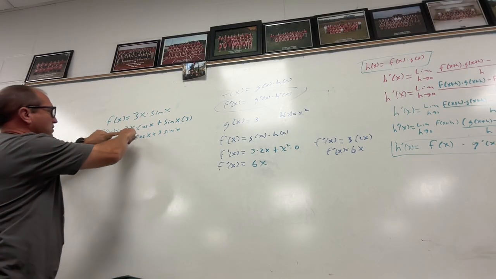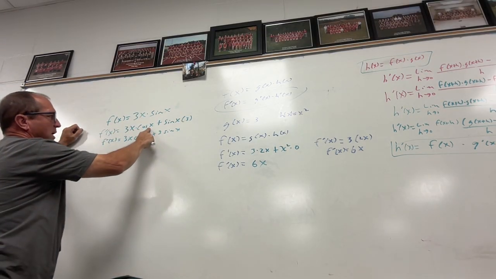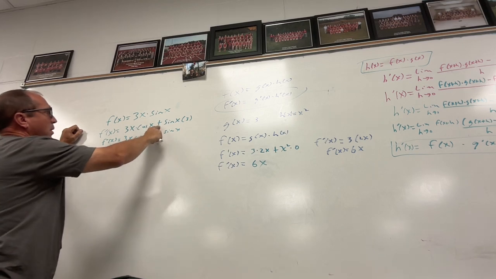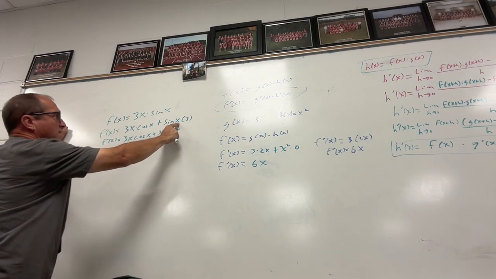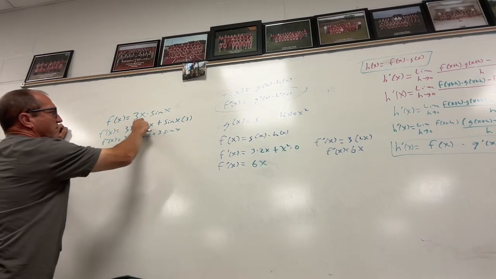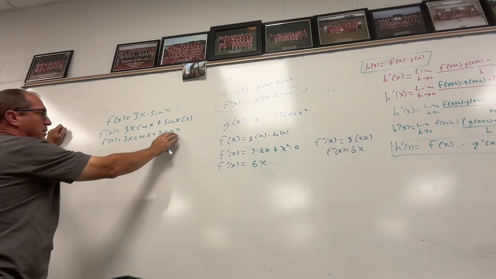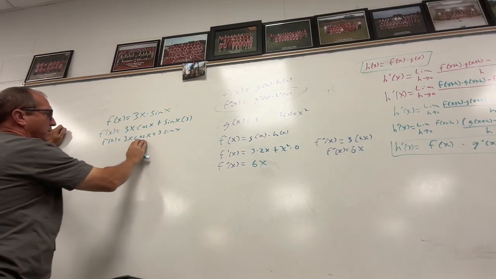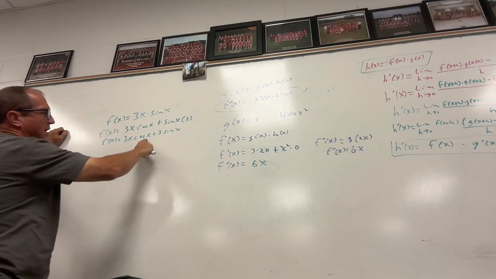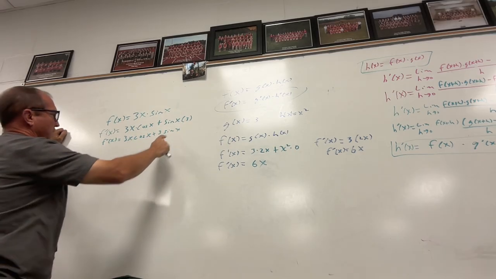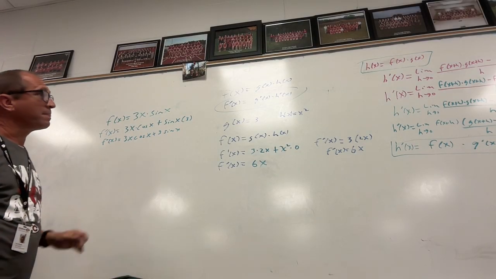So we've got this first term, which is 3x, times the derivative of sine of x, which is cosine of x, plus the second term, which is sine of x, times the derivative of the first term, which is 3. And to rewrite that, because we typically like to put our trig functions at the end, we get 3x times cosine of x plus 3 times sine of x as being the final derivative there.